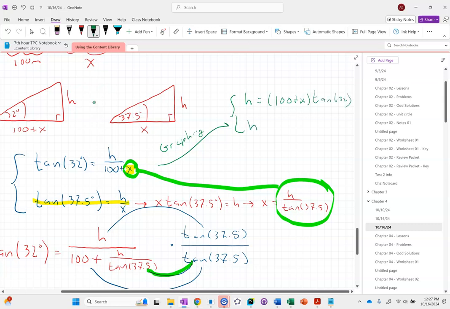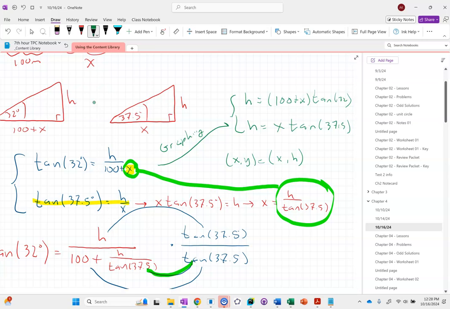And in the second equation, I'll just multiply both sides by x. So here I'm using h as like my y coordinate. Everybody's okay with that idea?